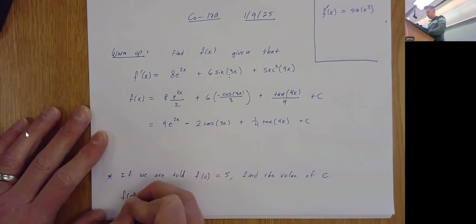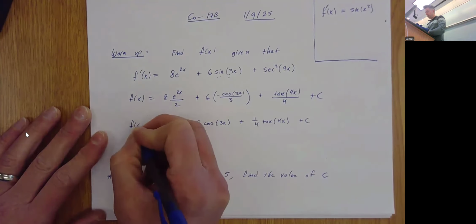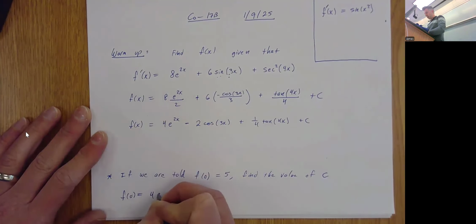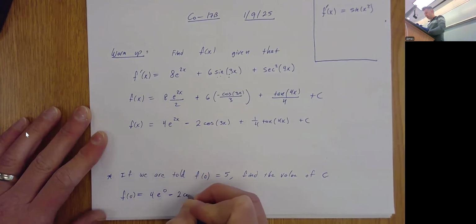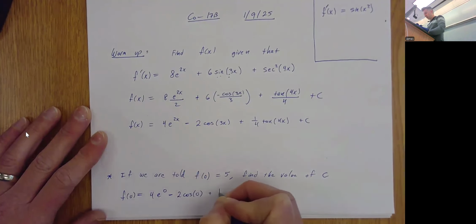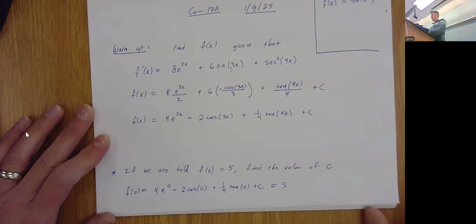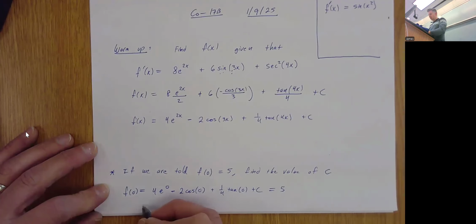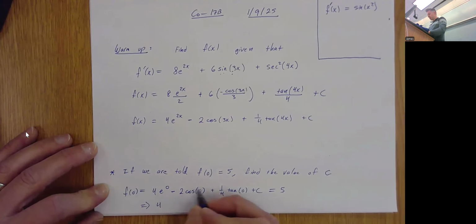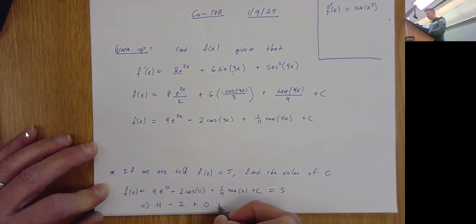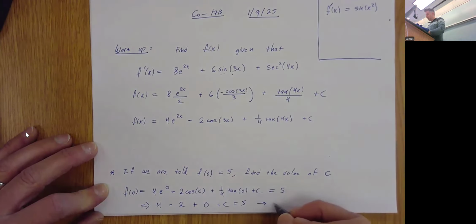So f of 0 is going to be 4 times e to the 0 minus 2 times cosine of 0 plus 1/4 times tangent of 0 plus c, and that should equal 5. e to the 0 is 1. Cosine of 0 is also 1. Tangent of 0 is 0. So it looks like we have 2 plus c equal to 5, so c is equal to 3.